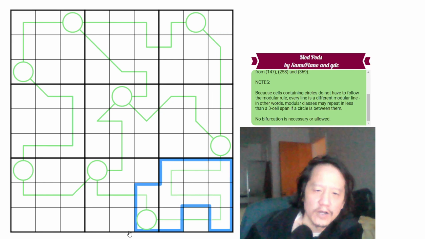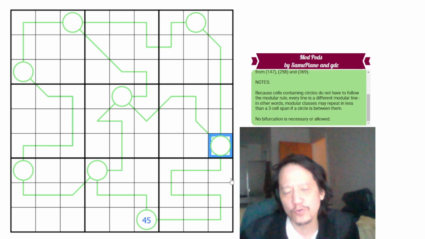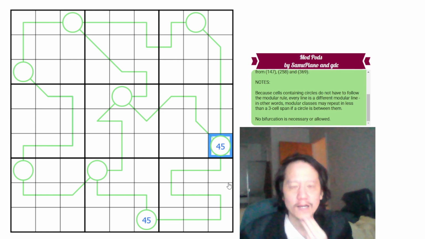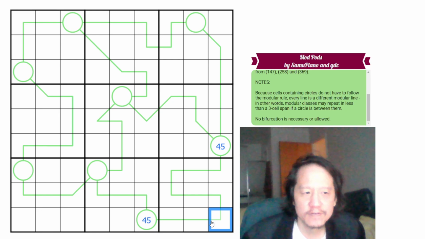Let's start. Okay, this has to be 45. These are all 9 digits, and they're all in between these 2 circles. So this is 4 and 5. This is 4 and 5. Which means this cannot be 4 or 5. But that doesn't really tell us much.